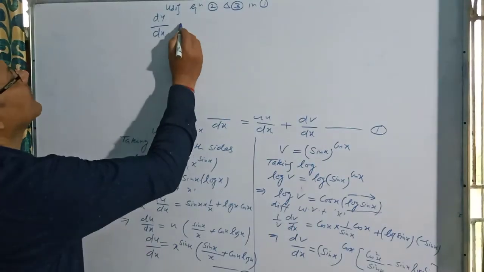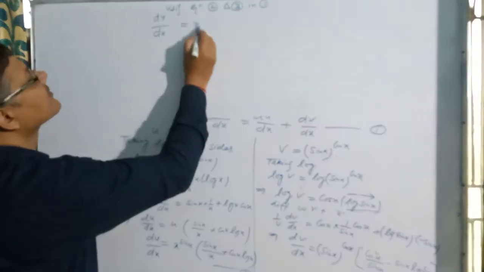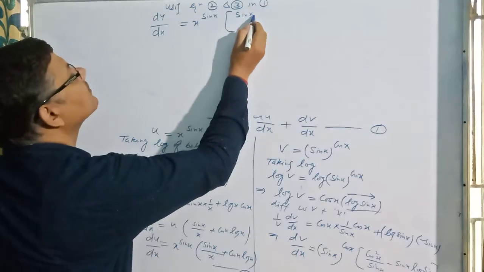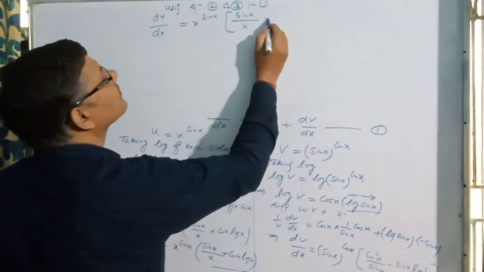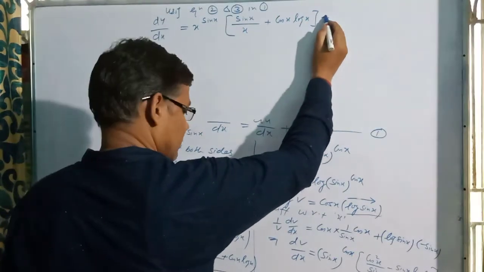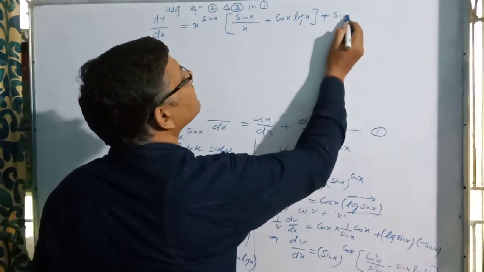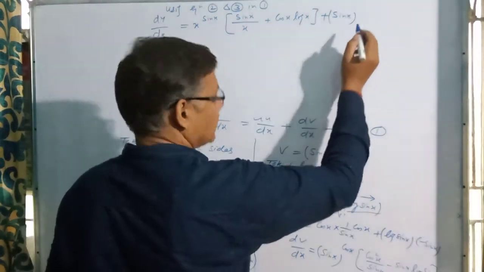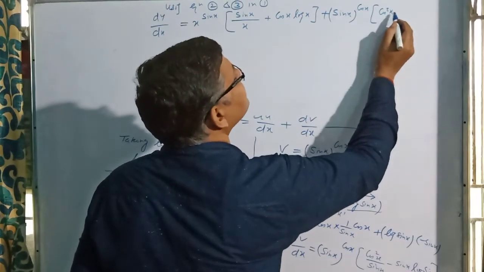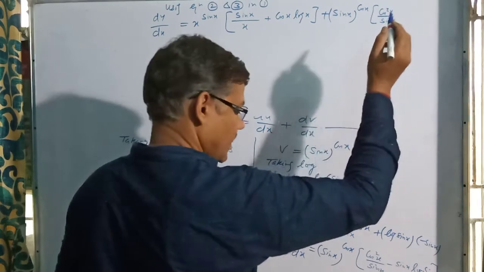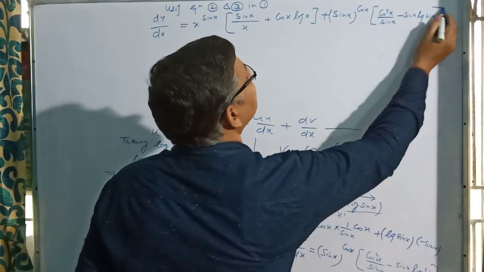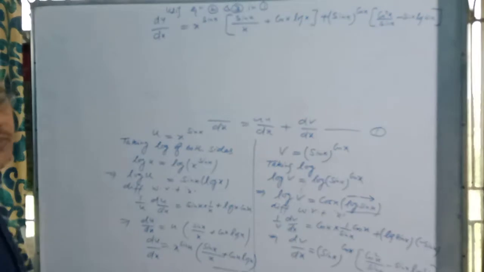So dy by dx is equal to x power sin x whole into sin x divided by x plus cos x into log x, plus sin x power cos x whole into cos square x by sin x minus sin x log of sin x. This is about the derivative of the given function.